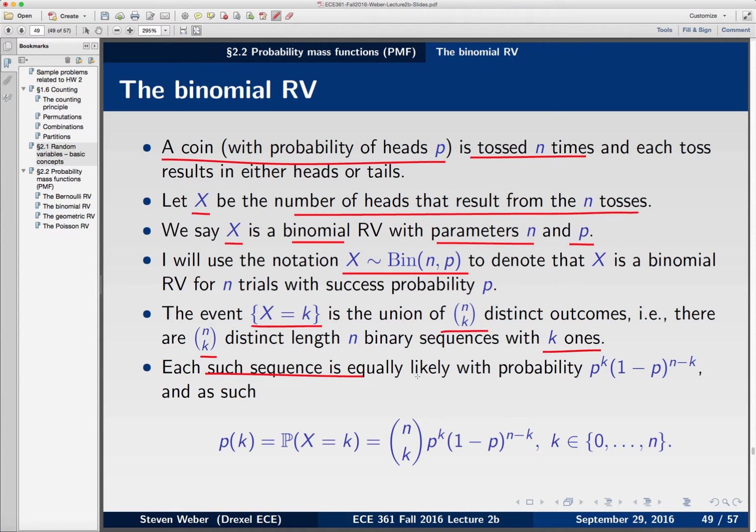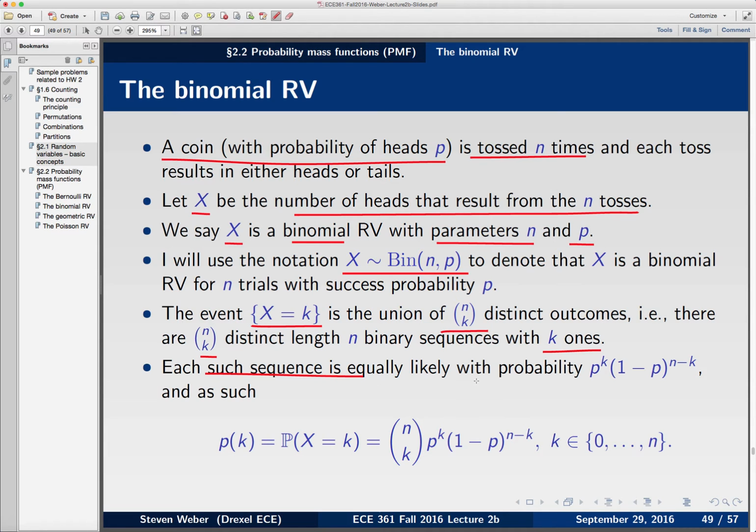That is, the probability that I have success on trials 1 and 2 is equal to the probability of success on trials 1 and 3, and equals the probability for trials 2 and 3. Therefore, it does not depend on which particular positions I have my successes in my n trials.